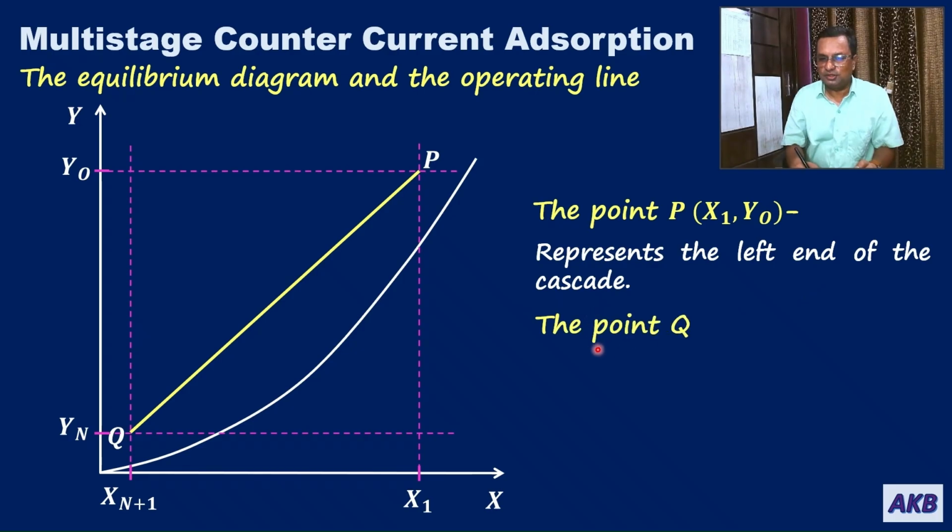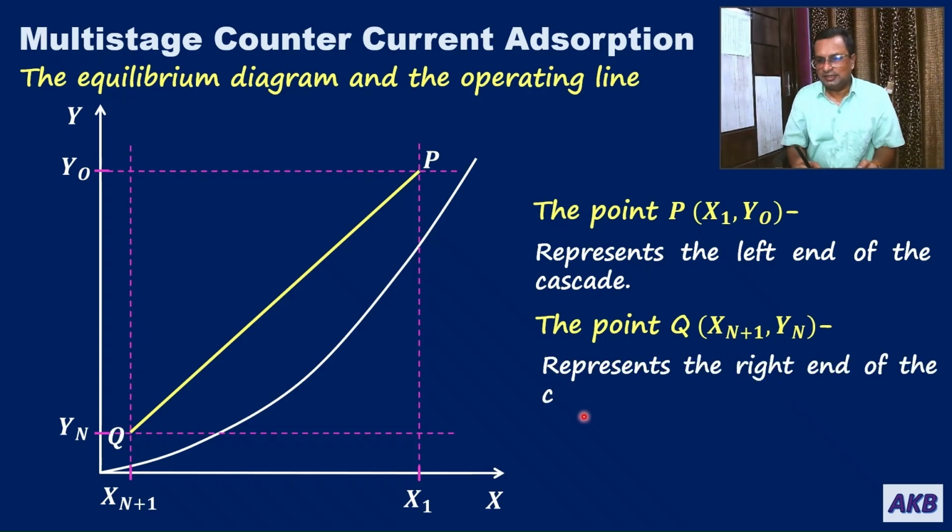I have talked about it. And then point Q with coordinates capital Xn plus 1, Yn represents the right end of the cascade. And the line PQ is the operating line. So I hope you now know how to plot the operating line on a typical equilibrium diagram.